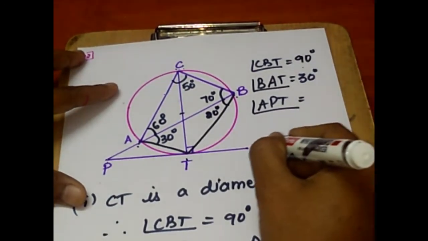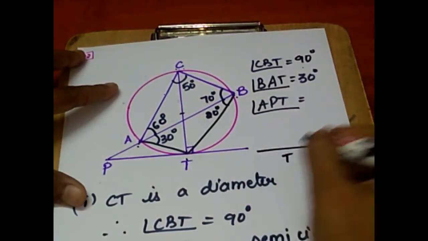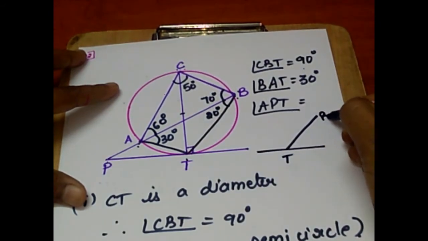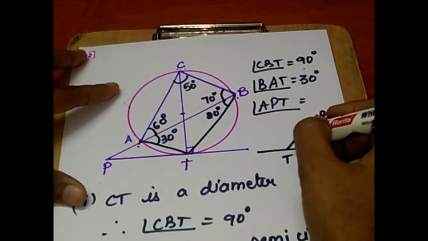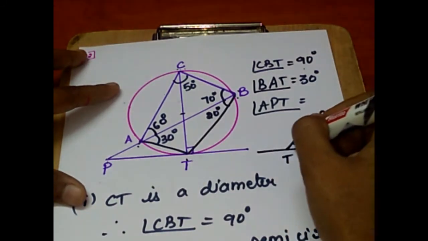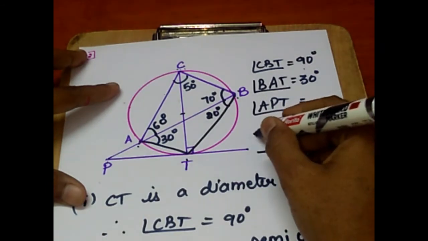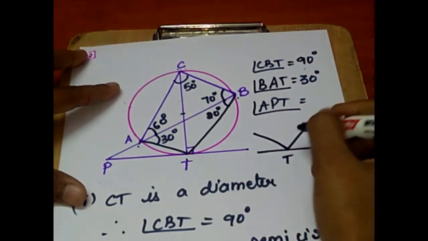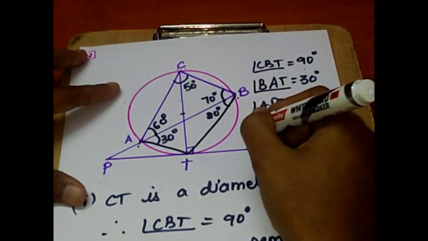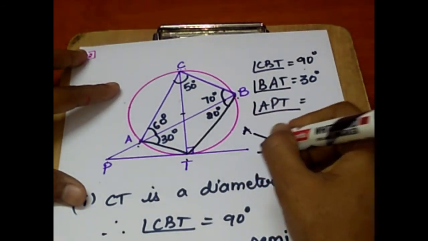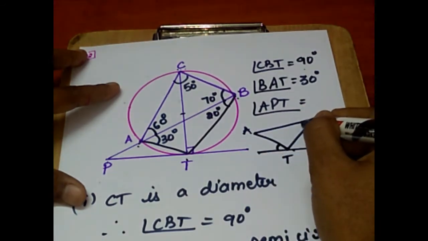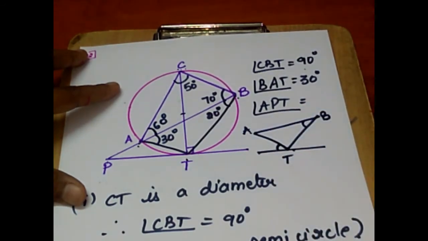See here, at the point T, we have a chord TB, and you can notice that AT is also a chord, where an angle is formed at the intersection point of a chord and a tangent, and ABT is the other angle in the alternate segment.